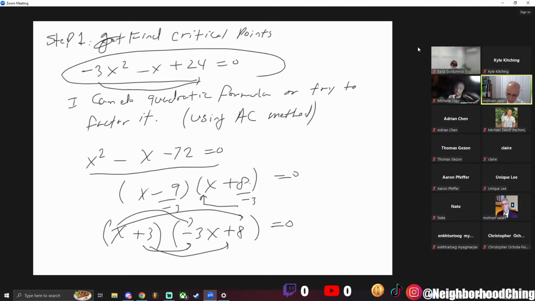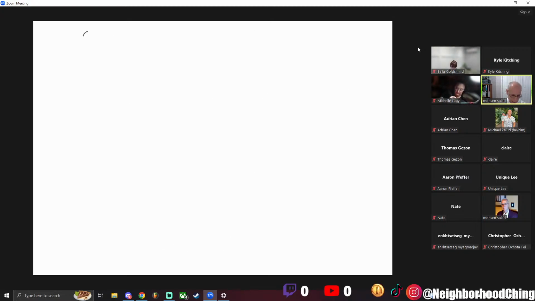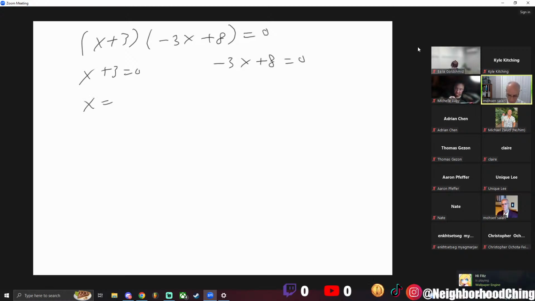And so for the critical points, now I have x plus 3 and minus 3x plus 8 equals 0. Well, now using the zero product property, x plus 3 equals 0, and minus 3x plus 8 equals 0. So this gives me x equals minus 3.